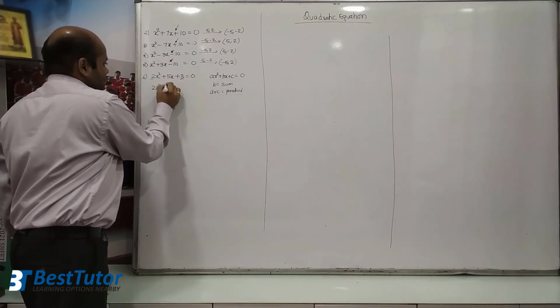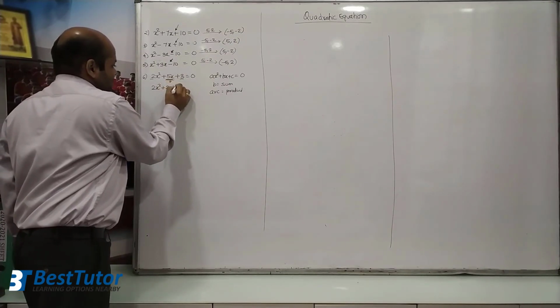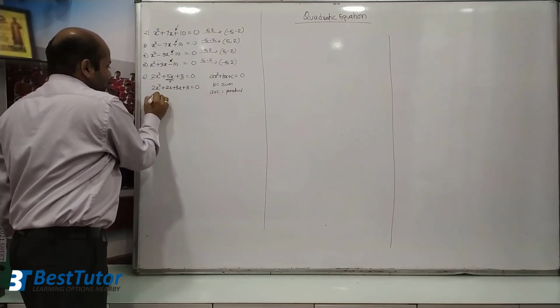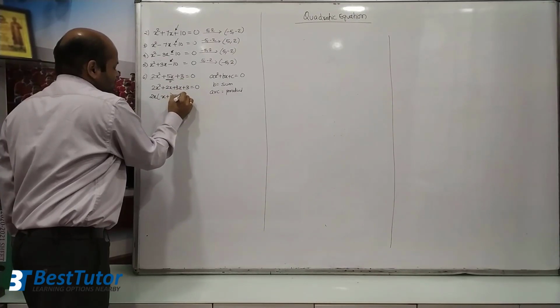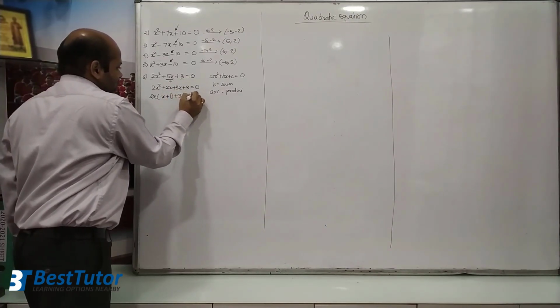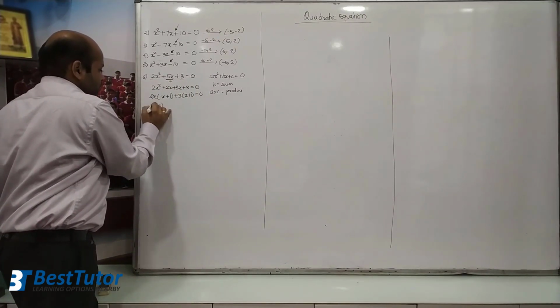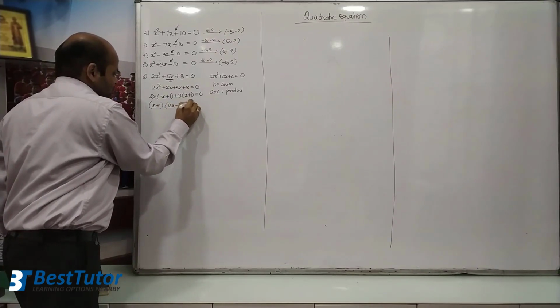2x squared plus 5x plus 3 equal to 0 can be written as 2x squared plus 2x plus 3x plus 3 equal to 0. I take 2x common, I get x plus 1. I take 3 common, I get x plus 1 equal to 0. Now x plus 1 is common, and what remains? 2x plus 3 equal to 0.